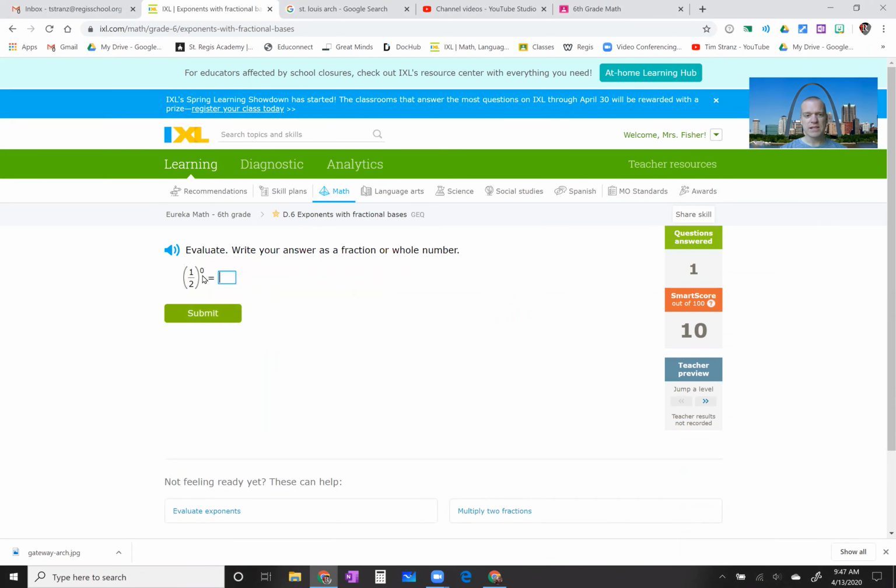Remember, anything raised to 0 power, regardless, is always going to be 1. Okay, now we got 1/2 to the second power. So now we have 1/2 times another 1/2, because the exponent says 2, so we have 2 1/2s.